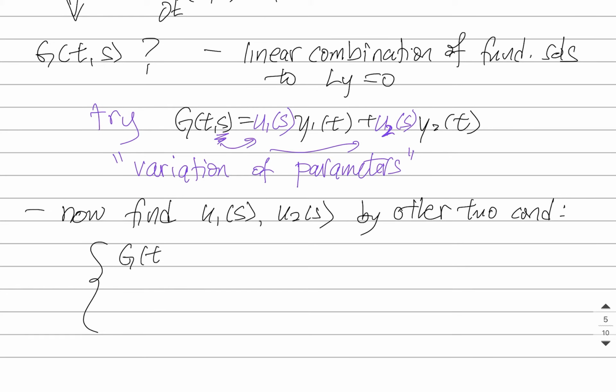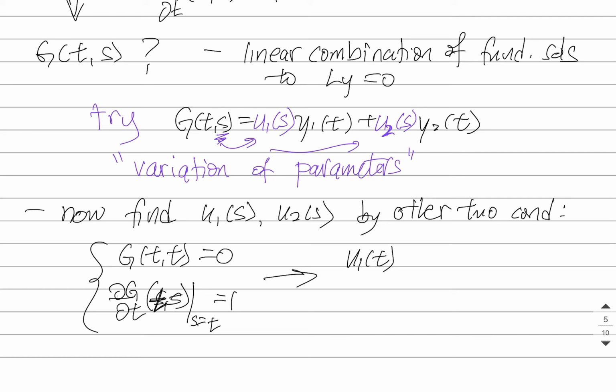So g of t and t better be 0, and the partial derivative with respect to t of this function of t and s, when I plug in s equal to t, had better be 1. I'll have u1 of t, y1 of t, plus u2 of t, y2 of t, better be 0.